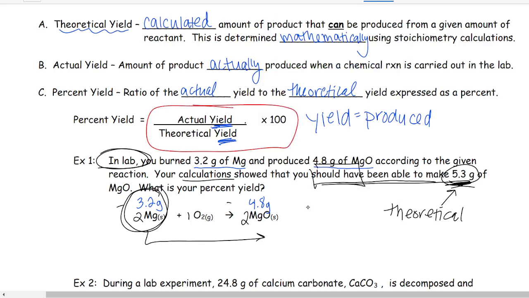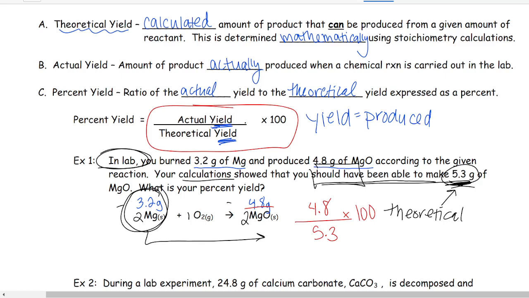So I take my 4.8 grams of magnesium oxide, because that is my actual yield, and divide that by my theoretical yield, which is 5.3, and then multiply that by 100 just to turn it into a percentage.